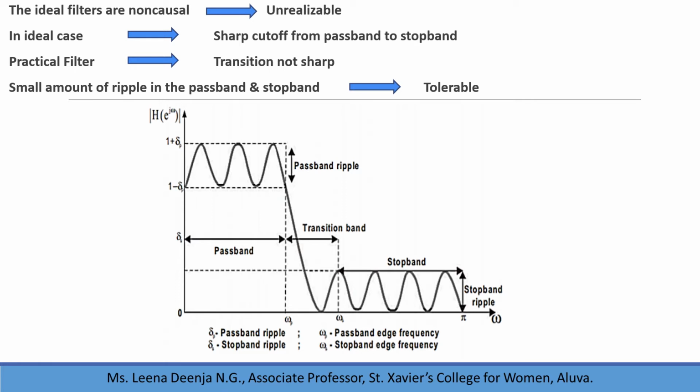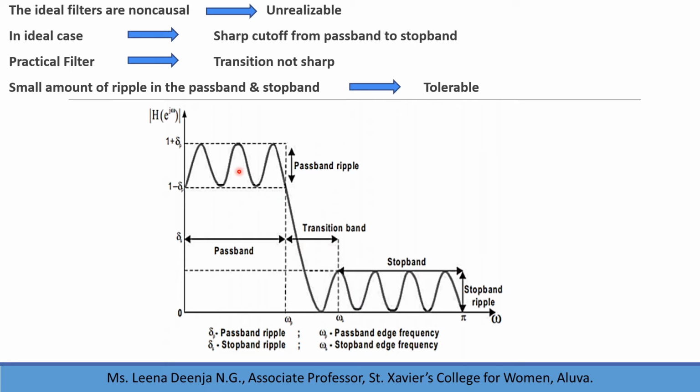The transition of the frequency response from passband to stopband defines the transition band or transition region of the filter. The passband edge frequency ωp defines the edge of the passband, and ωs, the stopband edge frequency, denotes the beginning of the stopband.